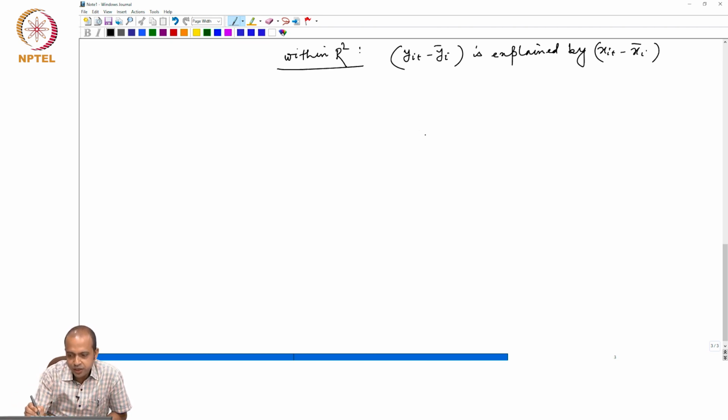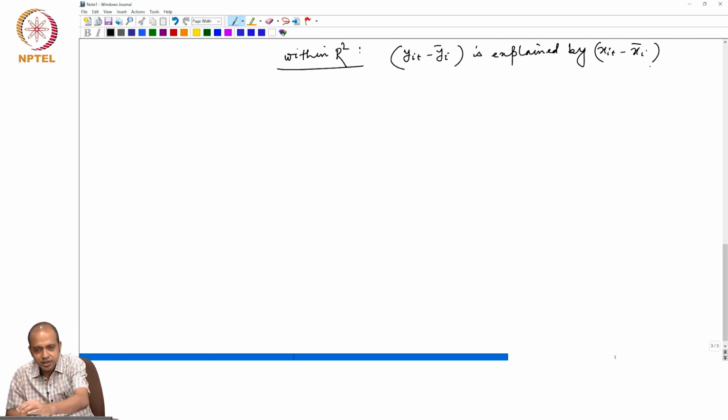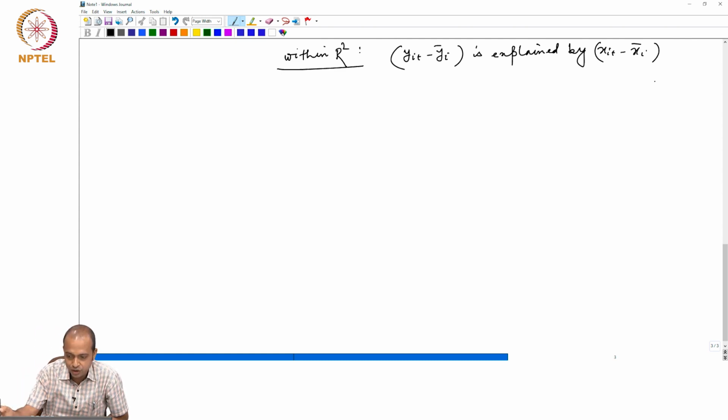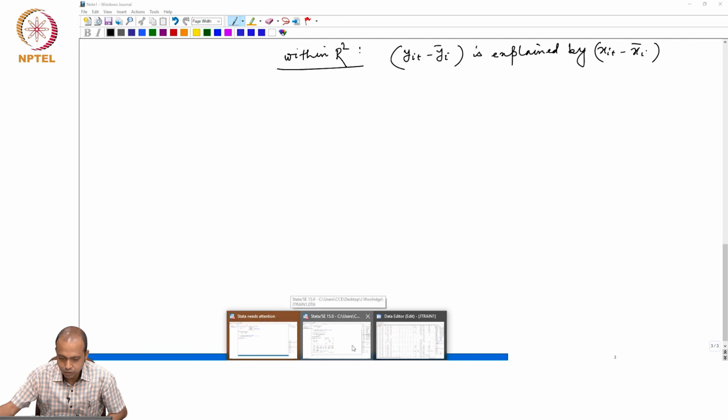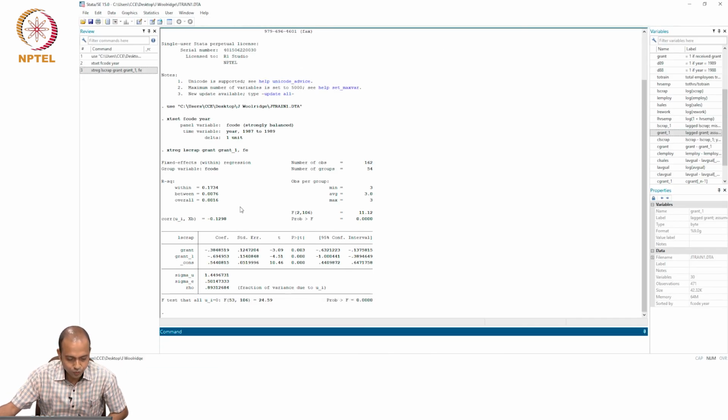Since we are explaining y_it minus y_i bar with the help of x_it minus x_i bar, we already explained that this model is known as the within effect model. The R square coming from this within effect model is known as R square within.